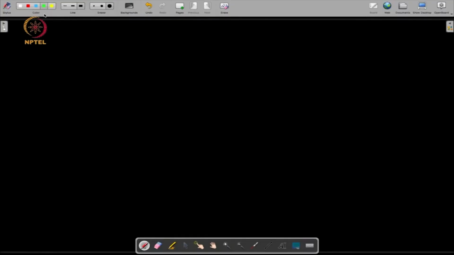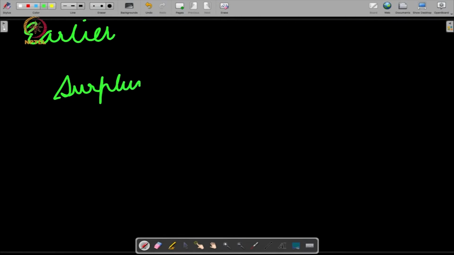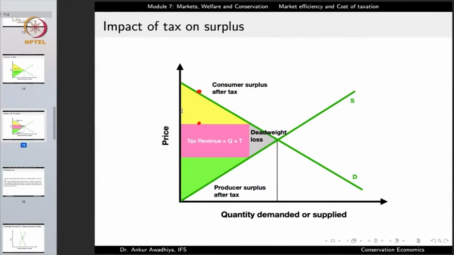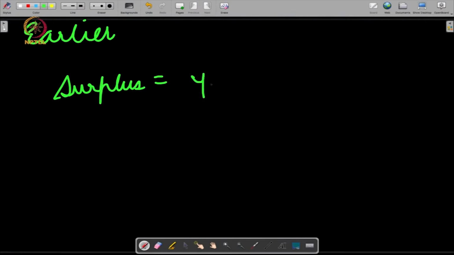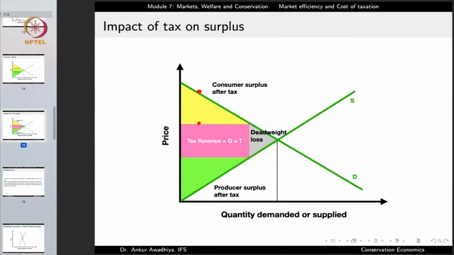So what is happening now is that earlier the surplus was this whole big triangle, which is yellow plus pink plus green plus gray area.